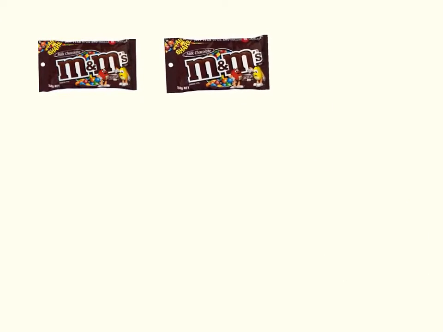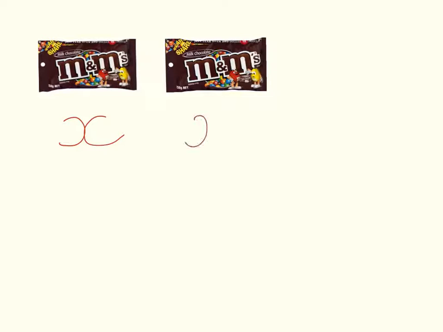But what would happen then if we added another packet? So if we added another packet, we would then have X and another X. That would be the same as writing X times 2.